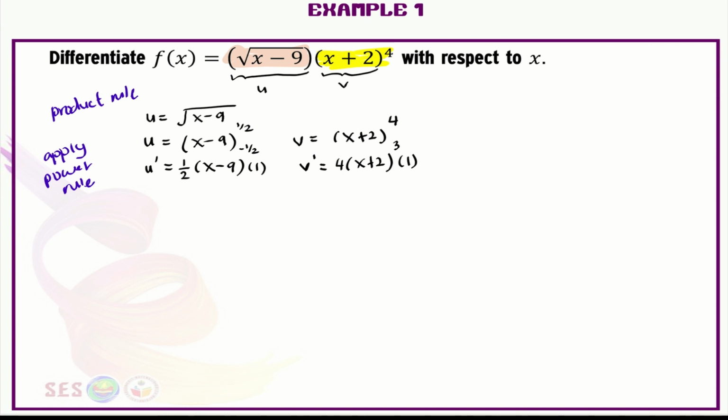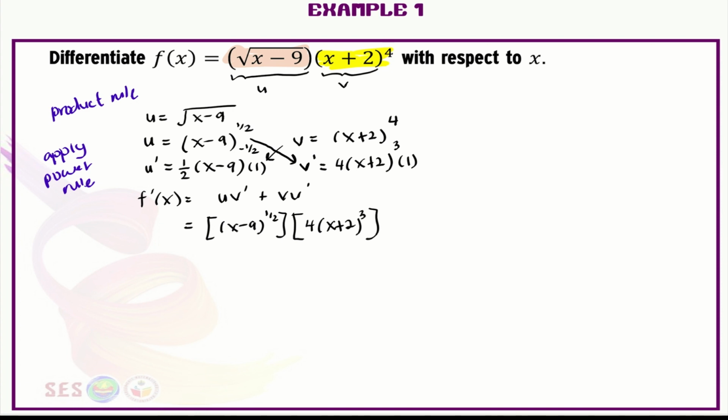The product rule says that f prime x equals uv prime plus vu prime. So our uv prime is (x minus 9) to the power of 1 over 2, times v prime, which is 4 times (x plus 2) to the power of 3.